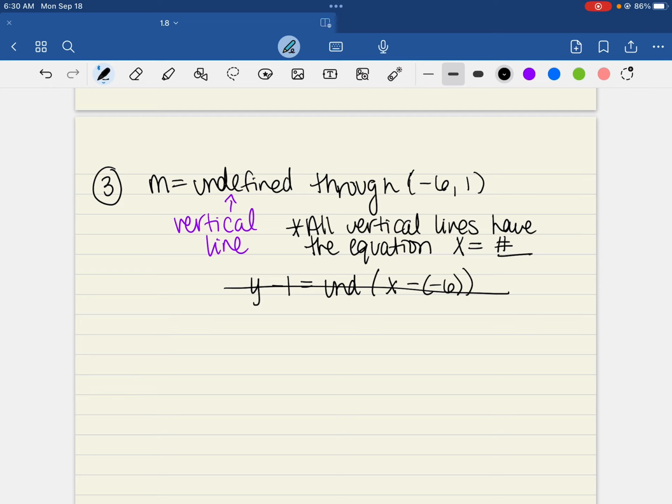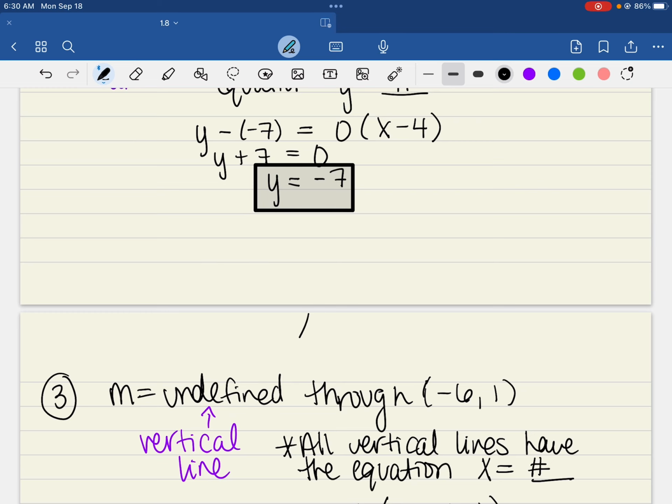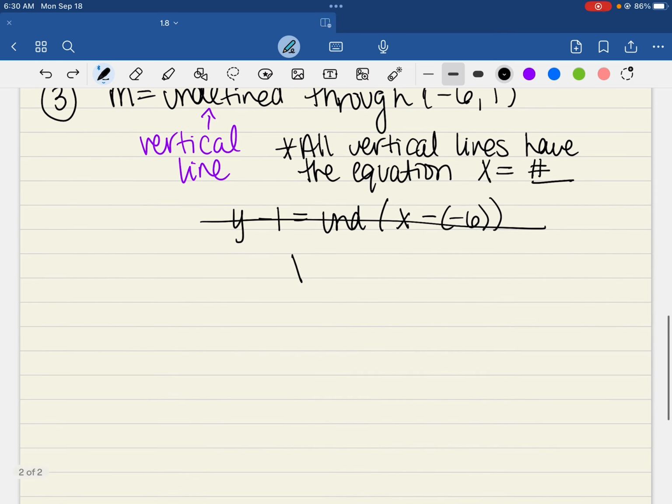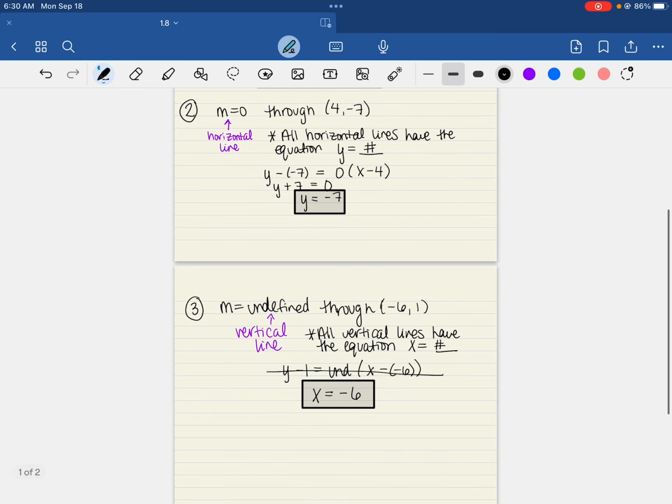And so if we already know the formula is x equals a number, then my formula is going to be x equals whatever the number is going through that point, which is -6. That's similar to number 2. You don't need to show this scenario, because it will always be the same pattern.